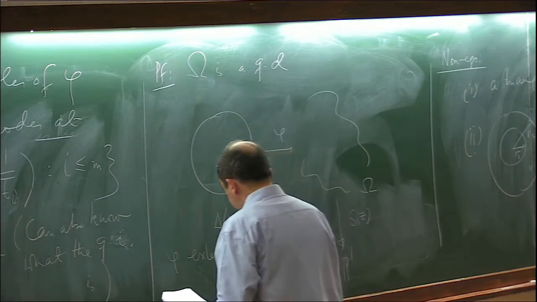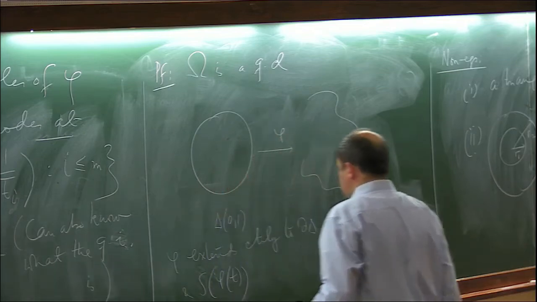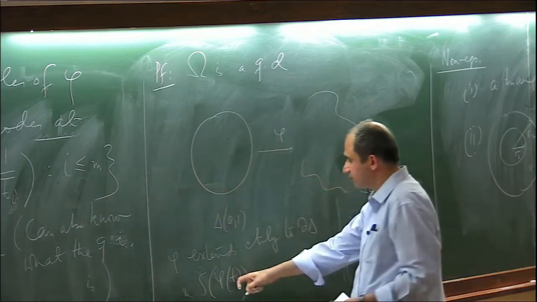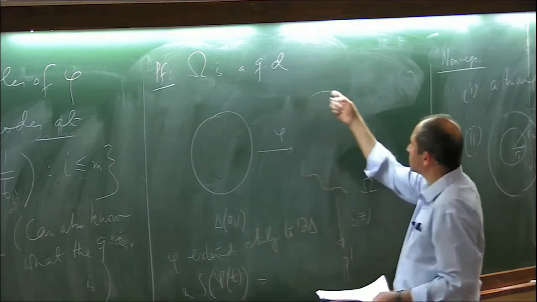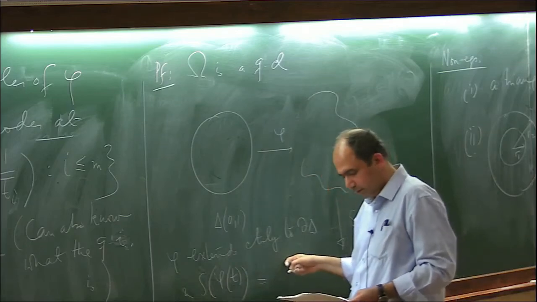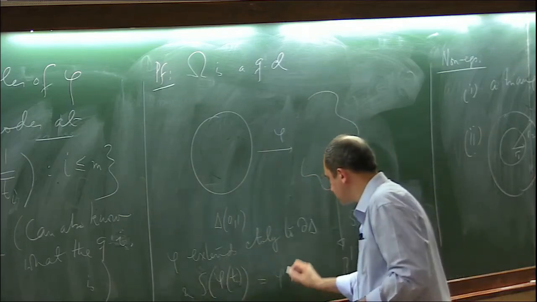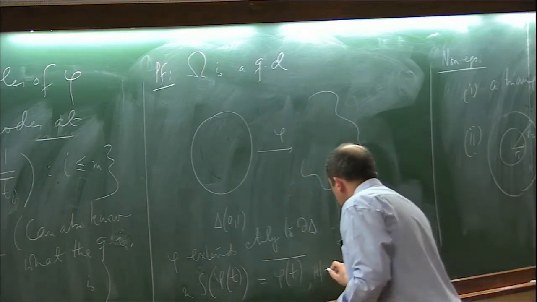And S of phi of t, so what happens if t goes to S1? So phi of t is going to land on the boundary where S of z is equal to z bar. So S of phi of t is phi of t bar when mod t is 1.